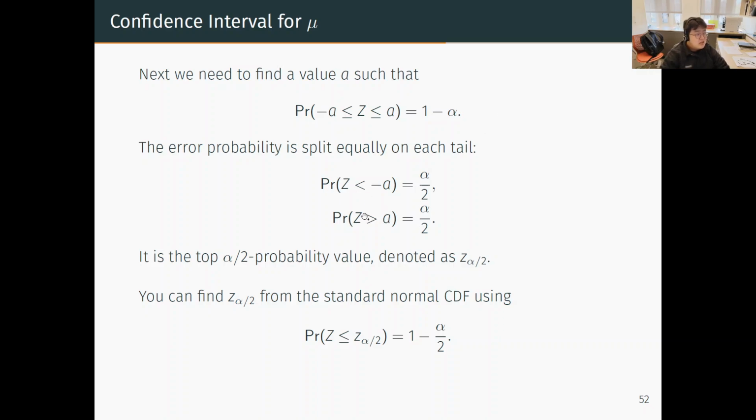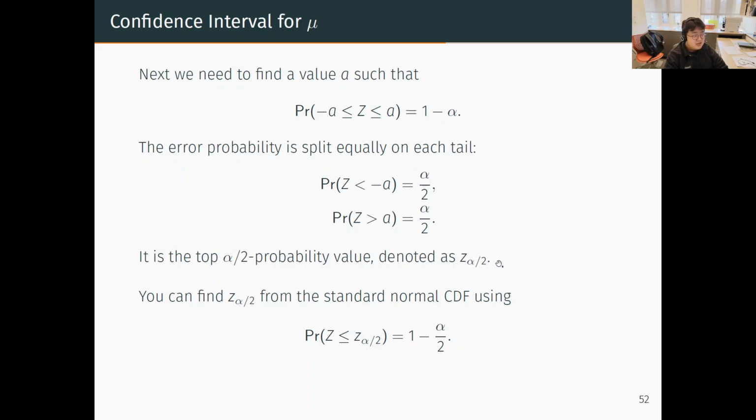So the probability of being greater than a is alpha over 2. The probability of being smaller than minus a is alpha over 2, right? Underestimation and overestimation. They are symmetric, so we are going to use the second equation only. That means a is the top alpha over 2 probability value, right? Which was denoted as z subscript alpha over 2.